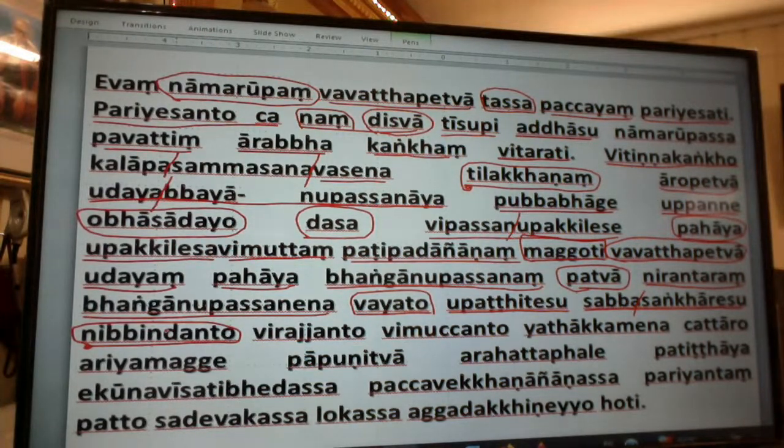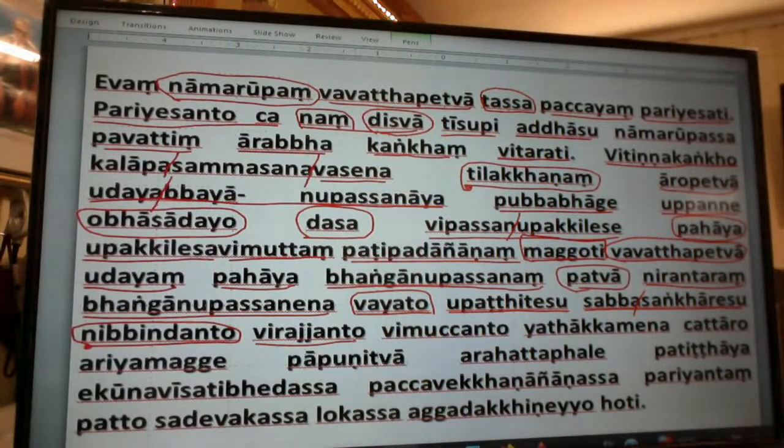That situation we call nibbidā. Nibbidāñāṇa is that level of wisdom, the insight wisdom level, of no enjoying in the nāmarūpa. You reach that kind of wisdom level. So you don't have enjoyment in materiality and mentality.